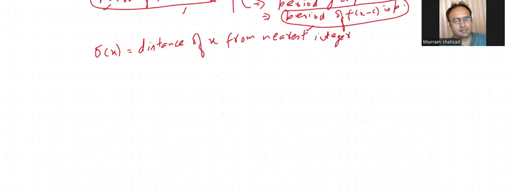I'm drawing this real line here. Suppose this is 0, this is 1, this is 2, 3.